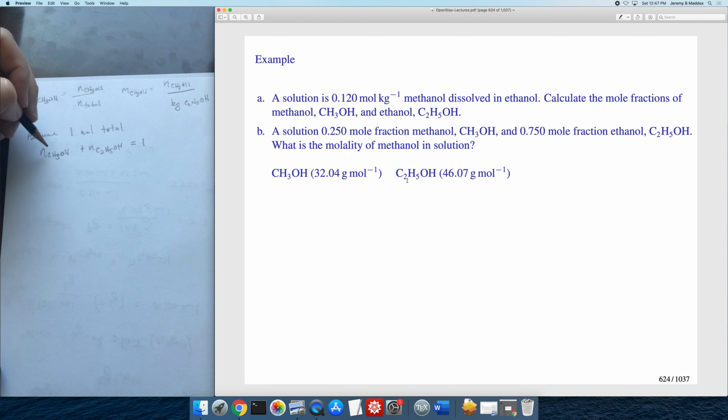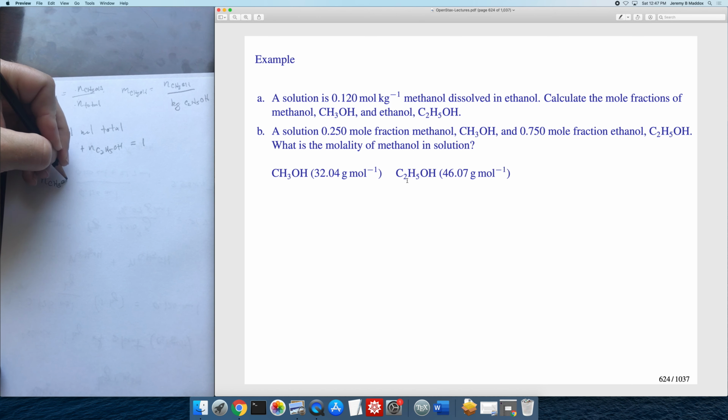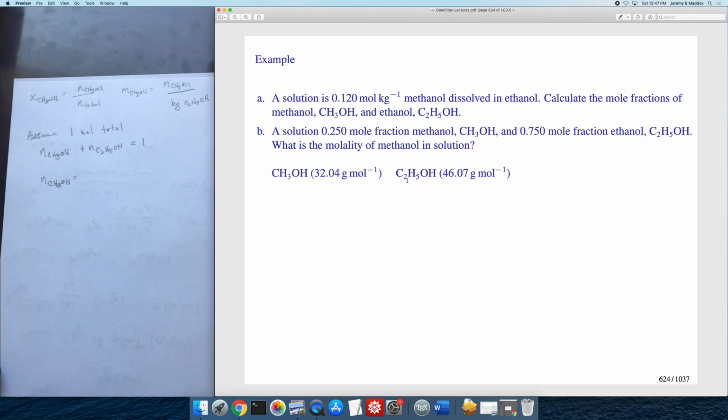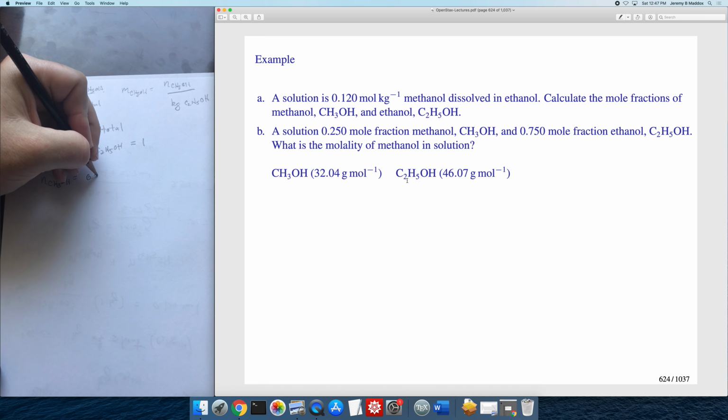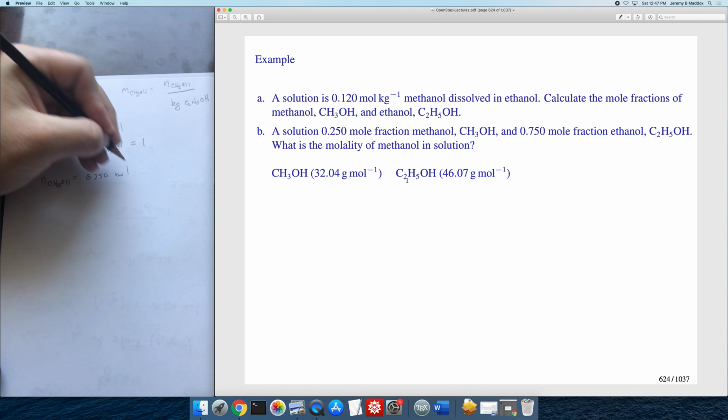So once we make this assumption, we can immediately write down that the number of moles of methanol is 0.250 moles.